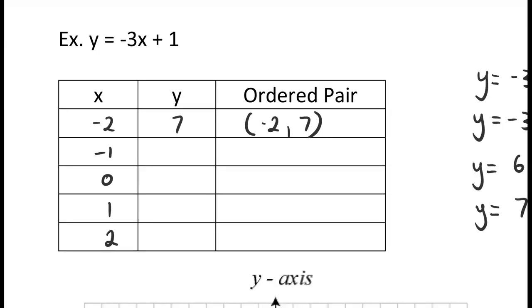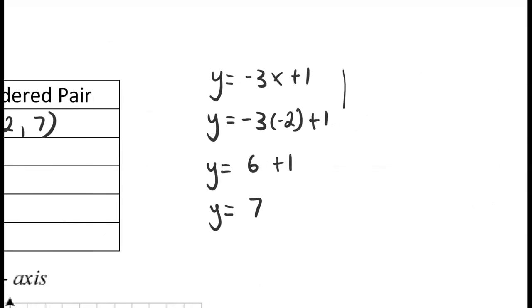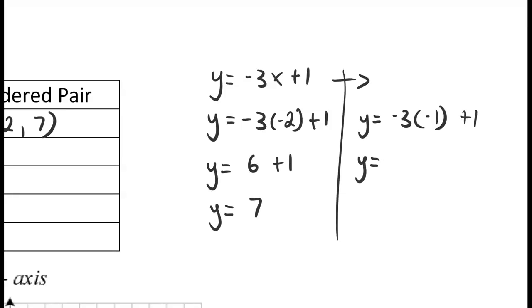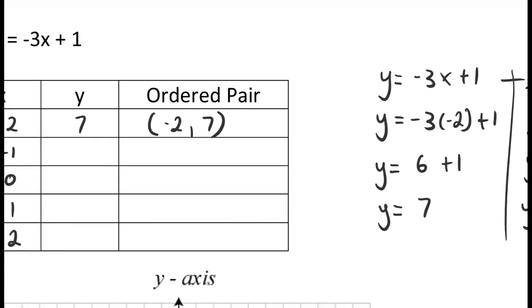Next one, we're going to have negative 1 as our value for x. Same equation, y equals negative 3 multiplied by negative 1 plus 1. Y equals negative times a negative is a positive, so positive 3 plus 1. Y equals 4.